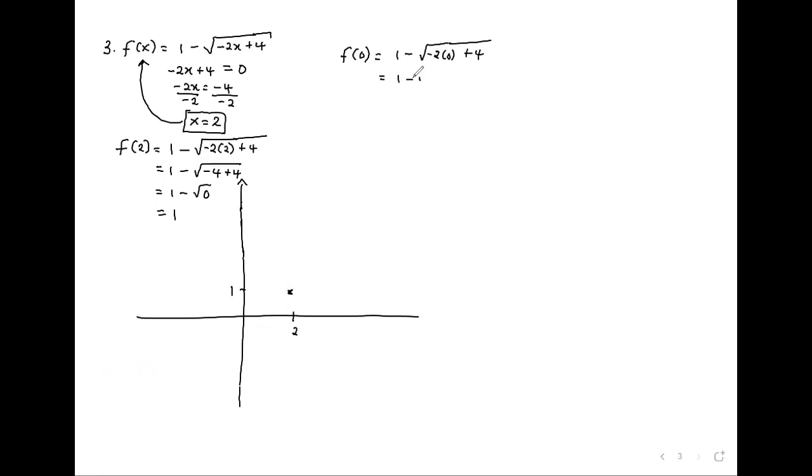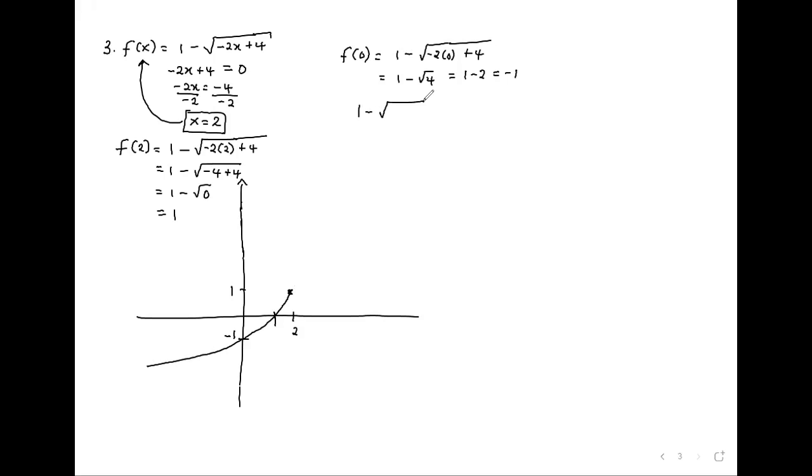That is 1 minus root of 4, which is 1 minus 2, which is negative 1. So it will cross at negative 1, meaning that the graph is going to go this way, crossing at negative 1. So we also need to know the x value.